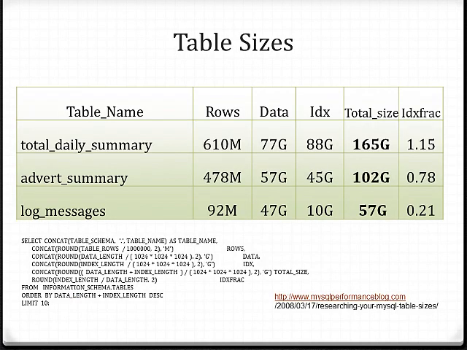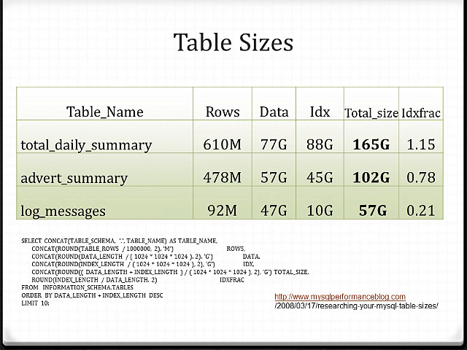Table sizes were very, very useful for what I was doing. The query is down here, originally from the MySQL Performance Blog. So for example, total daily summary, you can see 610 million rows, and the data is 77 gigabytes, but the index size is 88 gigabytes. Together it's 165. And the index fraction is over one.